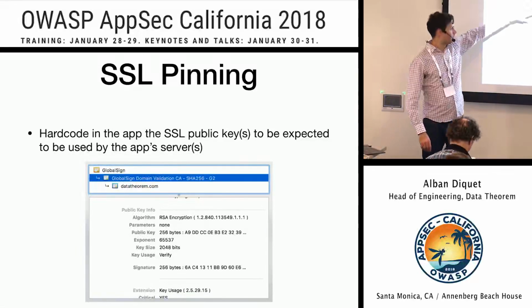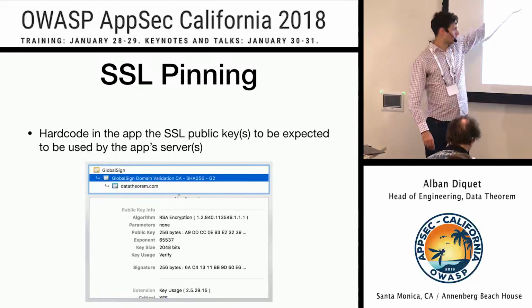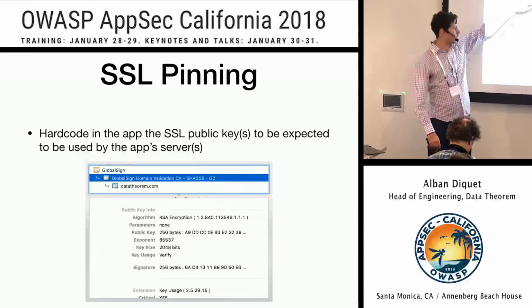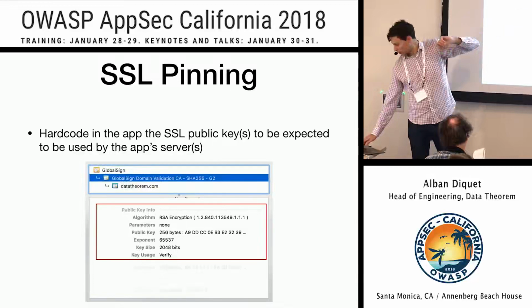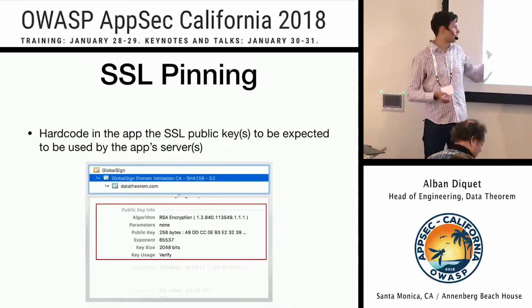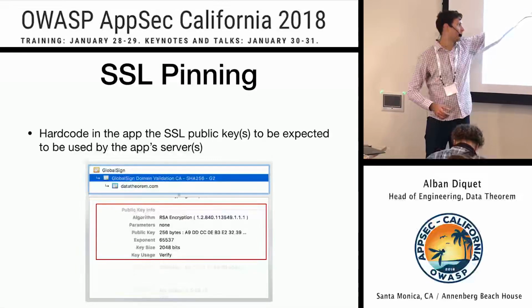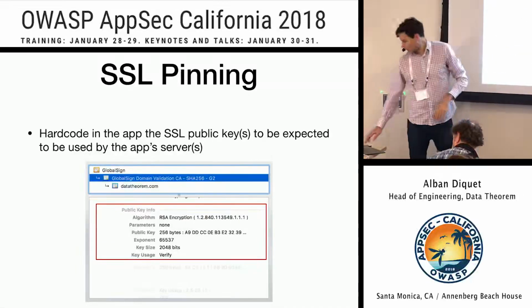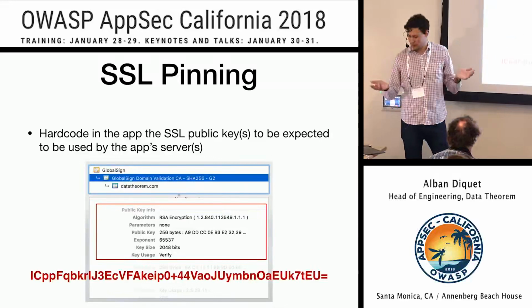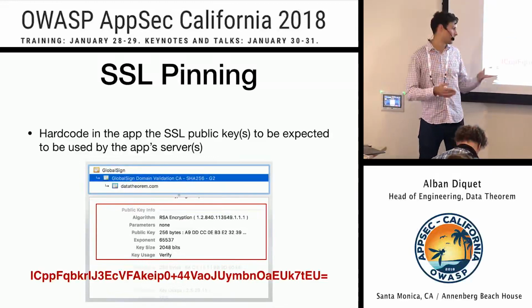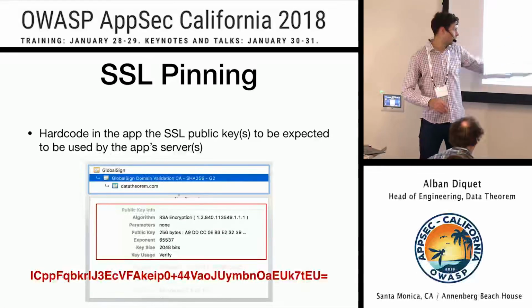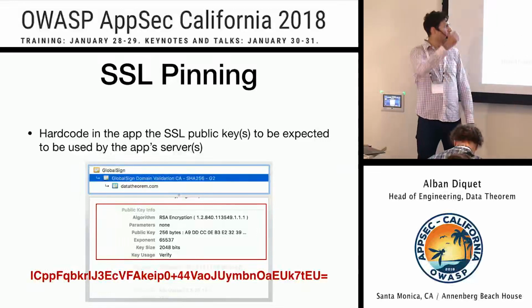if an app is trying to connect to that server, first it's going to do all the default validation. And if you do pinning, you're also going to be requiring the certificate chain to contain the key that you know is used for dataserver.com, or some intermediate certificate in this case. So you get that extra step to validate, and the real implementation is to hash the public key data. You get a hash like that, and that's an SSL pin.